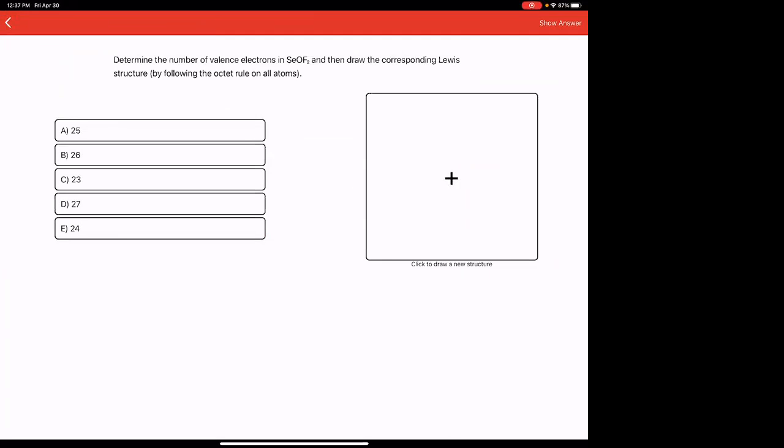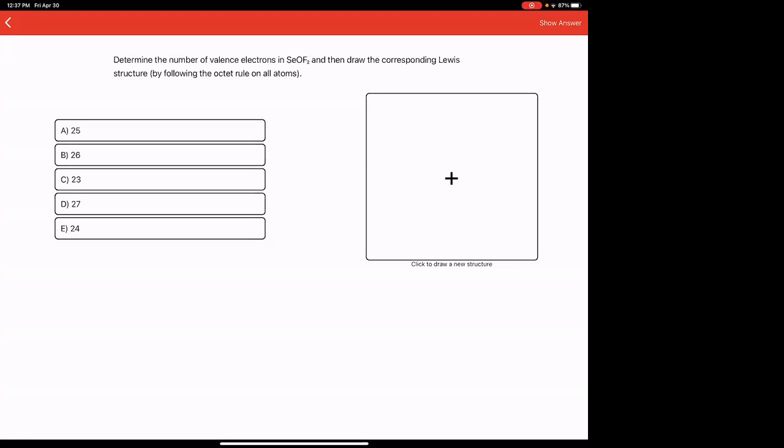So we want to determine the number of valence electrons on it. Selenium is coming in with how many? You need a periodic table, right? So you'd find group 6. Good. Oxygen's coming in with 6. That's 12, right? And then fluorine, you've got 2 of those.